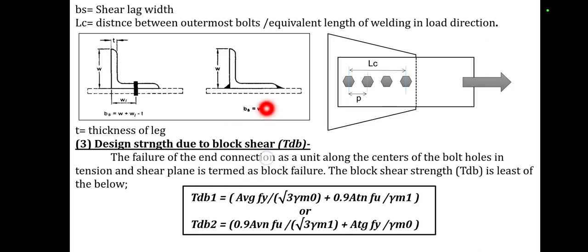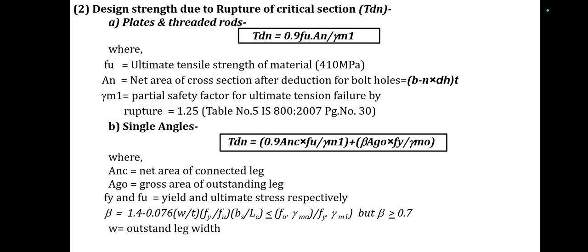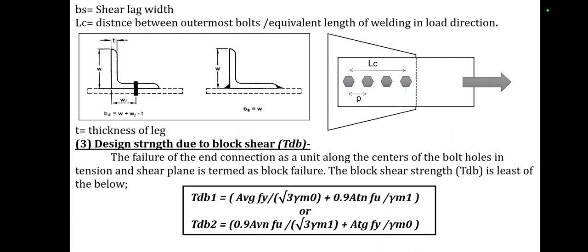And in the case of welded connection, bs equals w, and t is the thickness of the angle section. By substituting all these values in the formula of beta, we have to calculate beta and note again that the value of beta should be greater than 0.7.